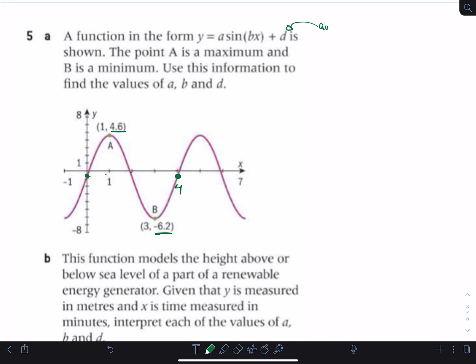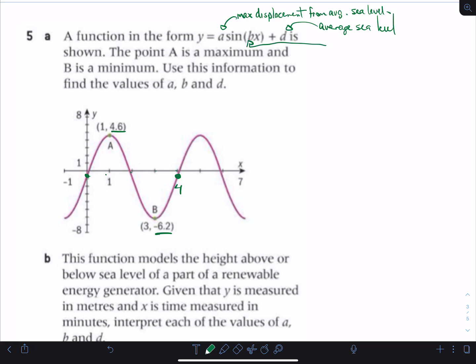So D would be the average sea level. A would be the maximum displacement, or height increase or height decrease, from average sea level.